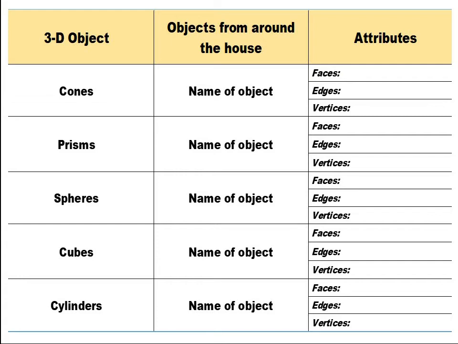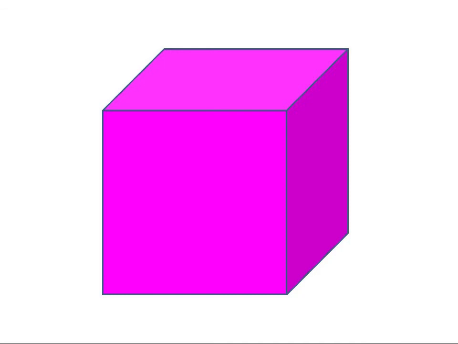Ask your learners to each bring an object from home which resembles a geometric 3D shape. Let the learners study these objects and their attributes in terms of number of faces, edges and vertices. They can record their answers in a table similar to the one shown on the screen. Ensure that learners know the vocabulary and description of 3D objects.